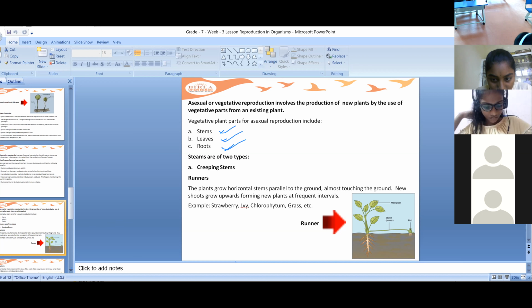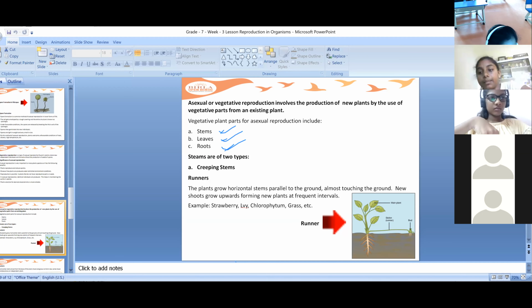Here we'll discuss in detail how stems, leaves, and roots carry out asexual reproduction. Firstly, we'll see stems. Stems are of two types: creeping stems, in the sense of runners. You can see in this picture, the stems spread themselves and fix themselves in the soil, and roots are produced. The bud comes out of the soil, and you can see the roots down here.